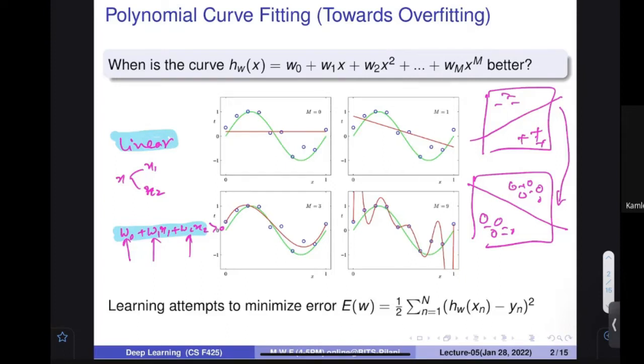There is no direct way that can tell you what your model should be. It comes from your experience, where you think these kinds of models are going to work for me.